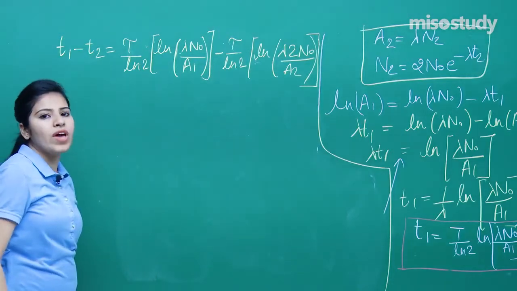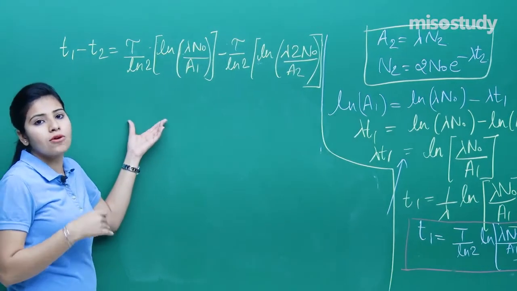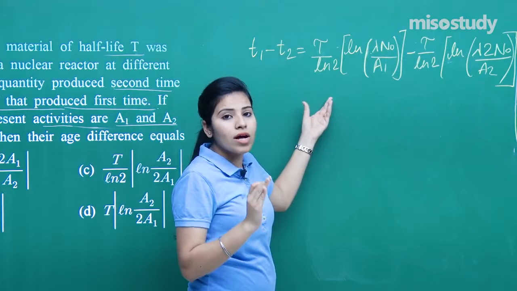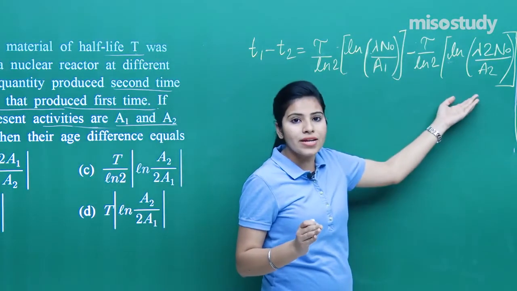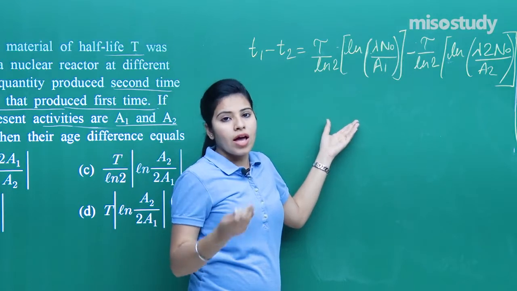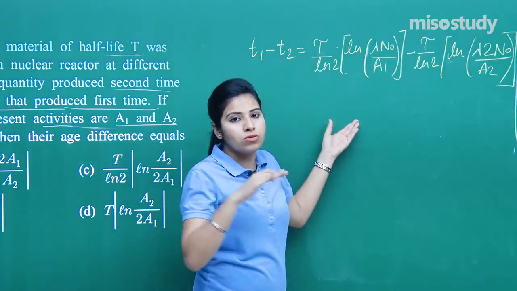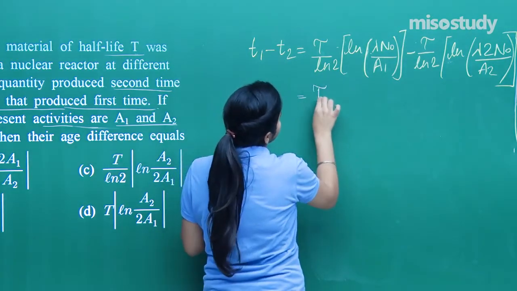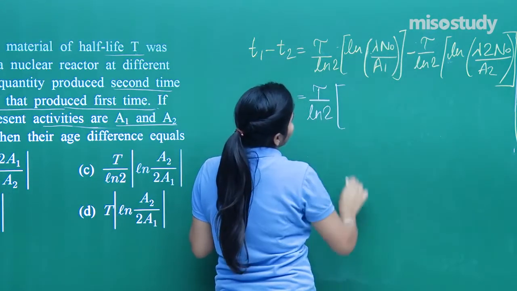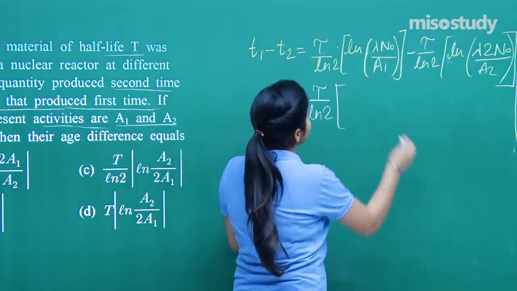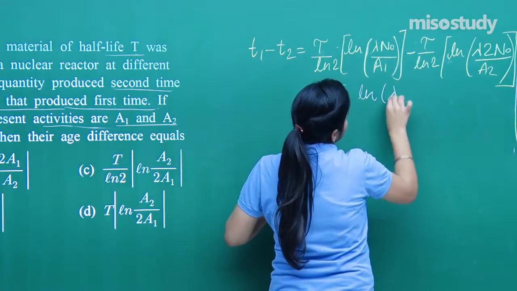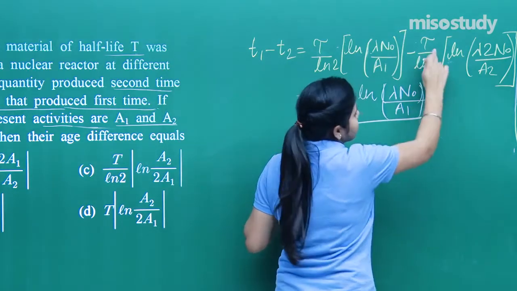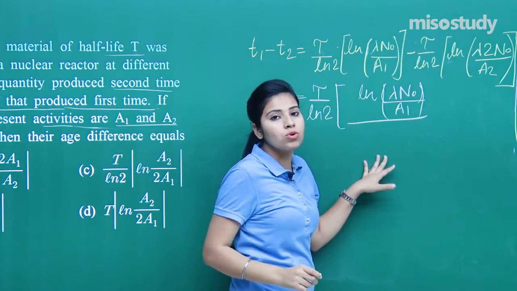Now the question has become much simpler because we just have to solve it. And how to solve it? Wherever you see the log in the form of minus, you will take it into division. And wherever you see it in division, you will use that in a negative manner. So if I take T by log 2 as common, we will have log λN0 by A1 minus, since it is minus, you will take it into division.